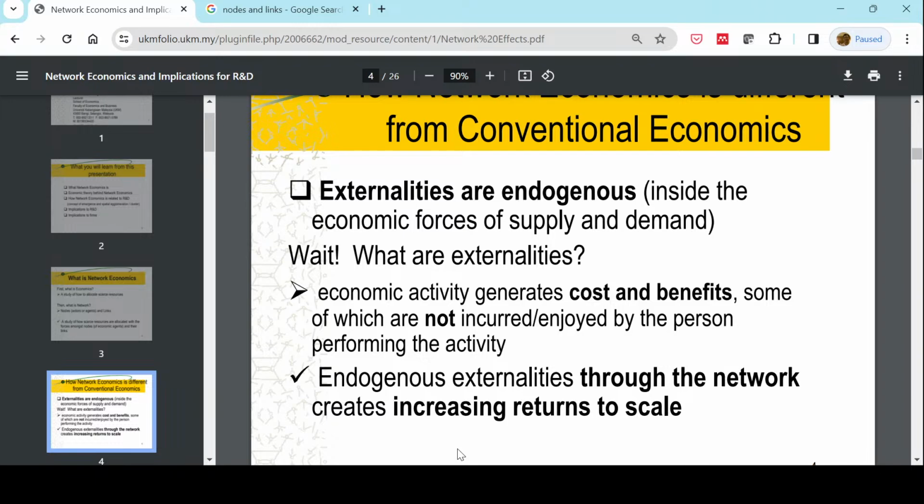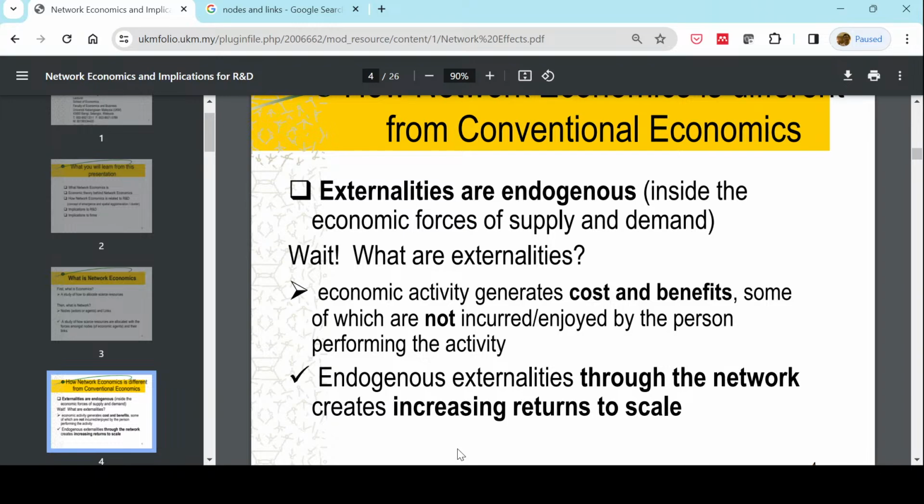So what is increasing return to scale? We have constant return to scale. You put one input, you add one more input, the output will increase by 1. That's constant return to scale. If you add one input, the output increases by more than 1, that's increasing return to scale.